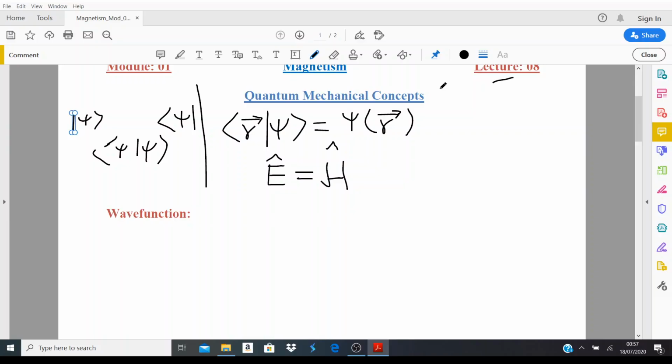I also mentioned that operators usually operate on a state vector and produce another state vector. Some operator A operating on some ket vector, say phi, will produce some other ket vector, which is a state of the system, psi. So those are the basics that I discussed in the last lecture.